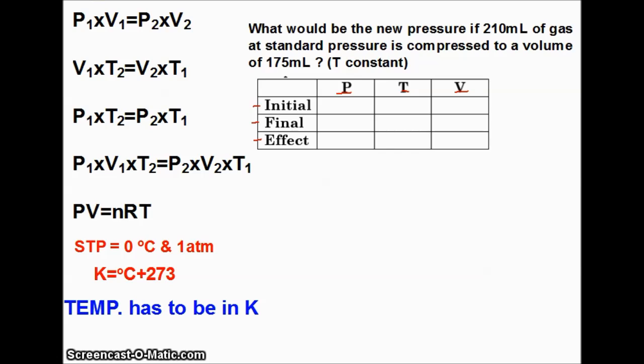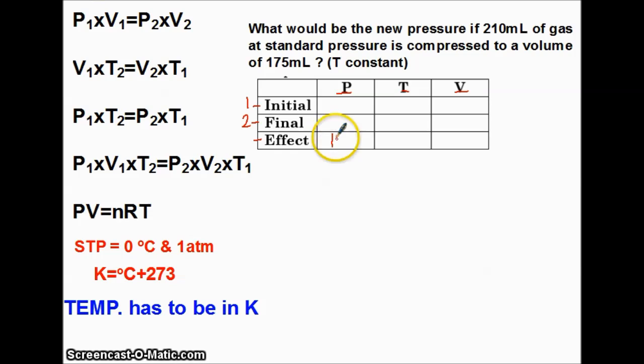So for the initial, we're going to say that's the 1. So in this case here we have V1. That's the initial volume. The finals are going to be the ones with the 2's. So you can see here with P2, that would be the final pressure. The effect, again, we're going to indicate with an arrow.